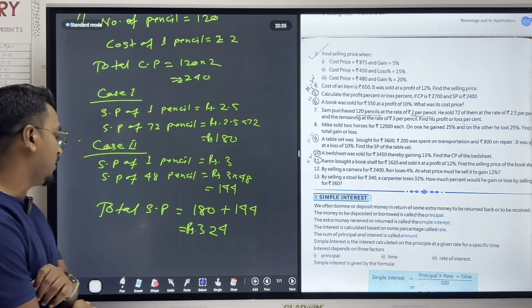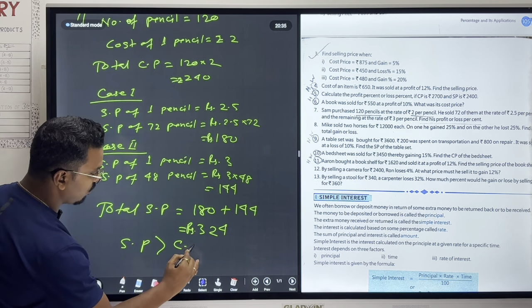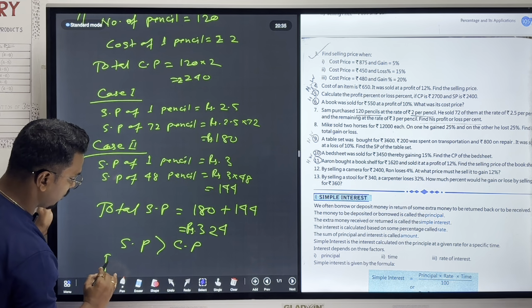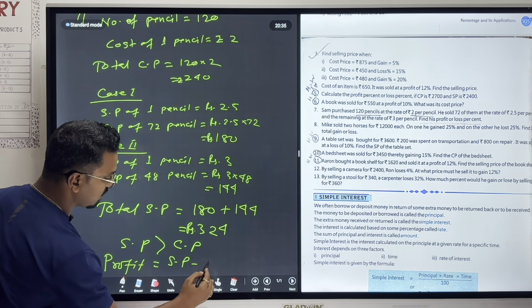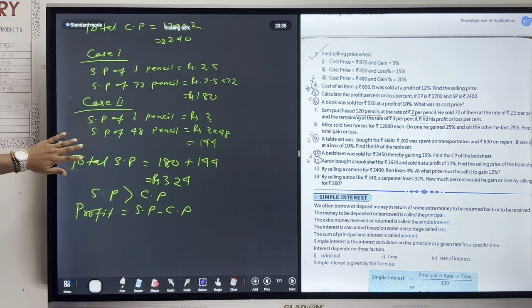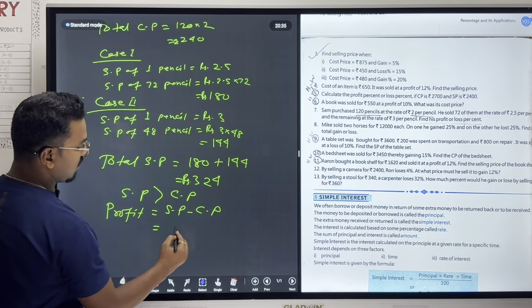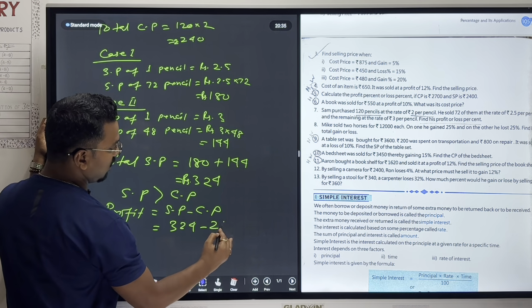Okay, so there is a profit. Selling price is greater than cost price. So what is the profit? Selling price minus cost price. The total selling price is 324. Total cost price is 240.